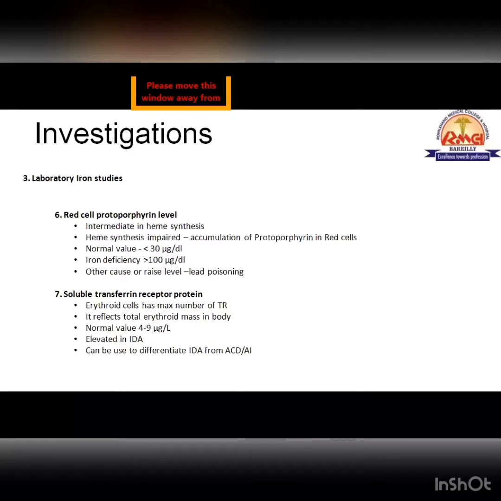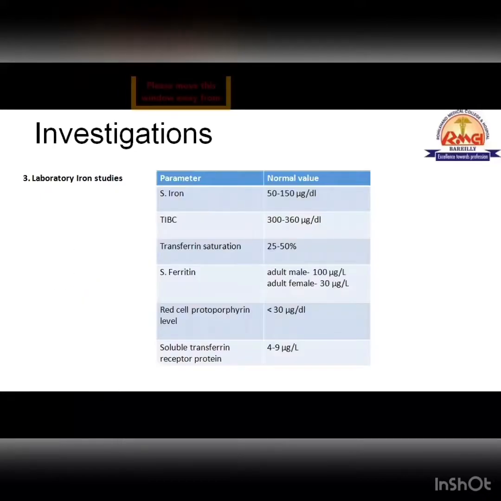This soluble transferrin receptor can be used to differentiate between anemia of chronic disease and iron deficiency anemia. In a separate lecture, when we look at iron, anemia of chronic disease or anemia of inflammation, we will look at these issues. Don't worry.